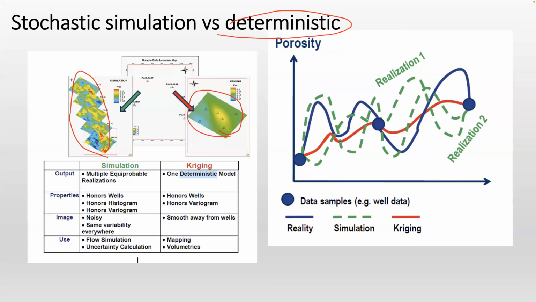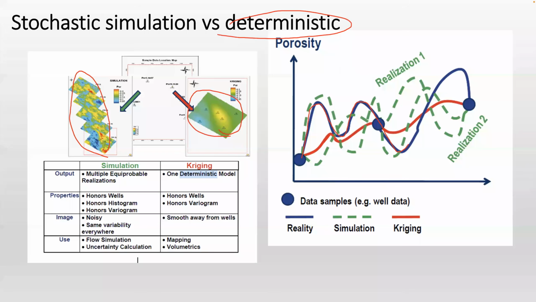In the deterministic method, if you have a very high number of wells, you can use this one, and it gives you a very smooth surface or a smooth model. But look at this, this is the reality. Let me show you. You have this reservoir in reality.